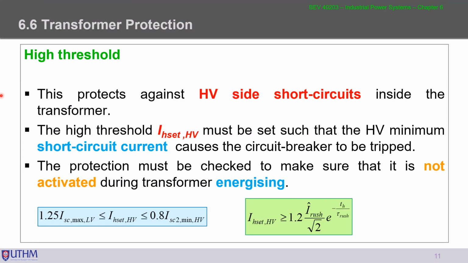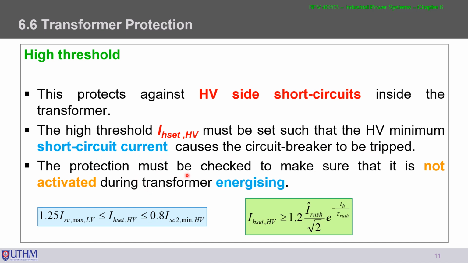Next is the high threshold. This one is for HV side short circuit inside the transformer, the high voltage side. As we know, the threshold for the HV side is a double threshold. The high set for the high voltage side must be set such that the HV minimum short circuit current causes the circuit breaker to trip.